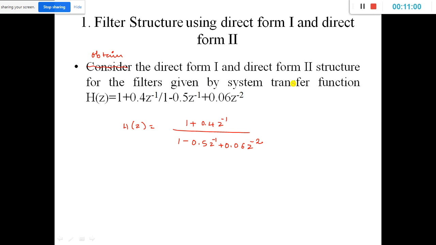Can you tell me how to solve this? Because we already solved this type of example in signals and systems.